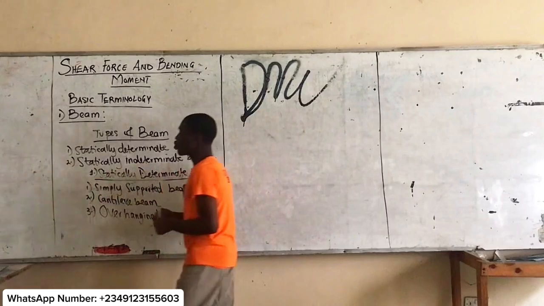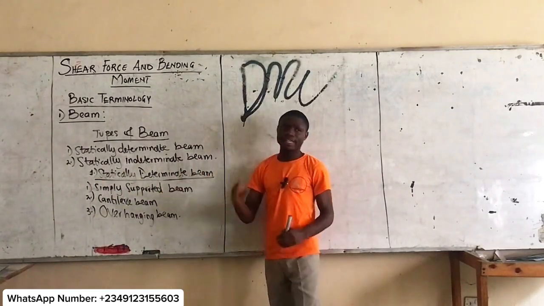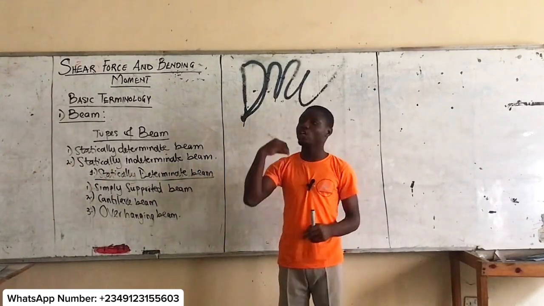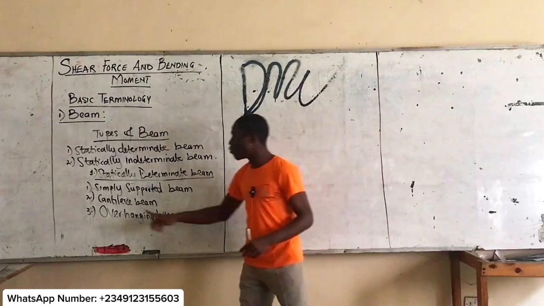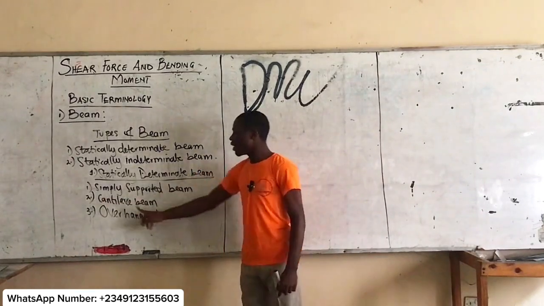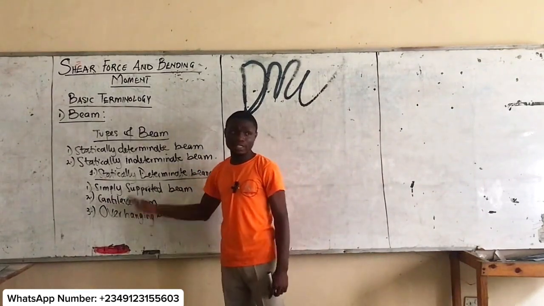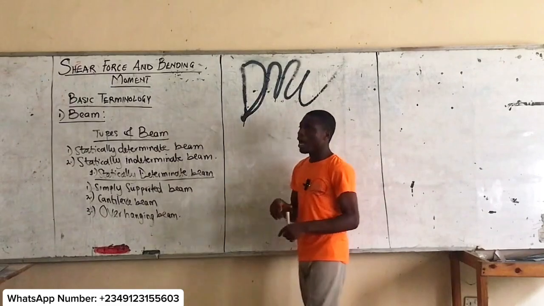So when it comes to the study of this, these types of beam go with the equations of static equilibrium: simply supported beam, cantilever, and overhanging beam.